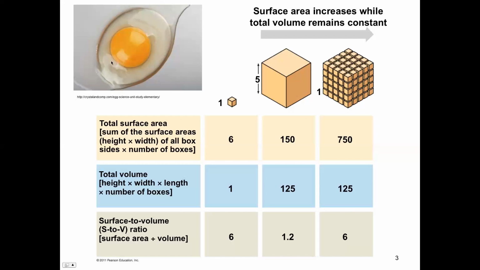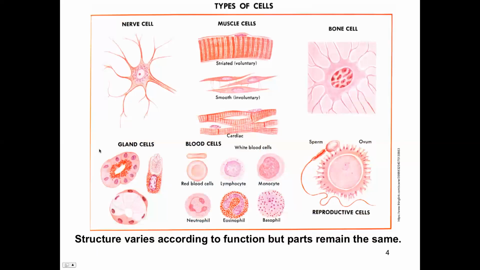And once it's fertilized, it very quickly divides into many teeny tiny cells, very, very quickly. So if you ever take embryology, you will learn how that works, or developmental biology. All right. Now the point is here that we have so many different types of cells in the human body. The structures vary, and they vary according to what the cell is doing, okay? But all the structures are essentially still there.